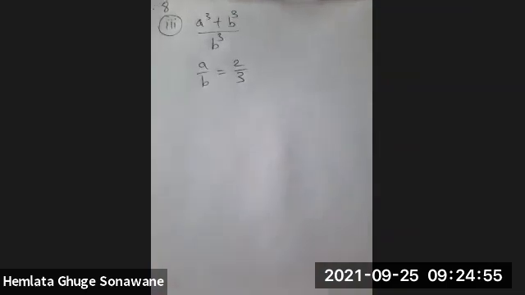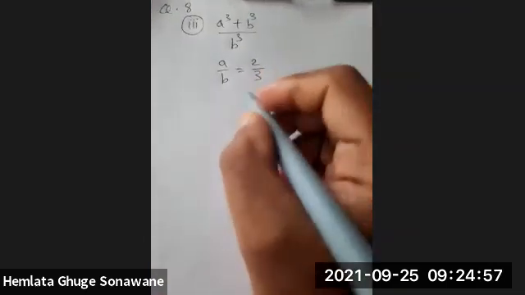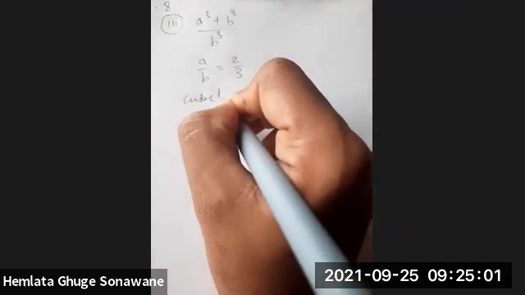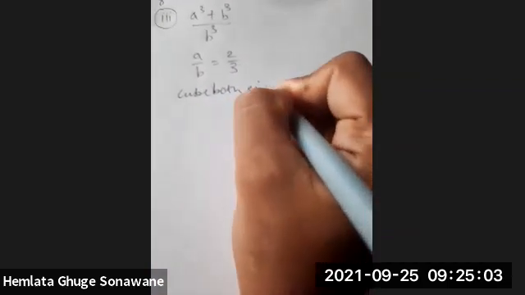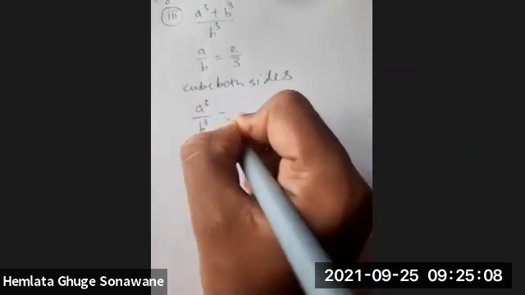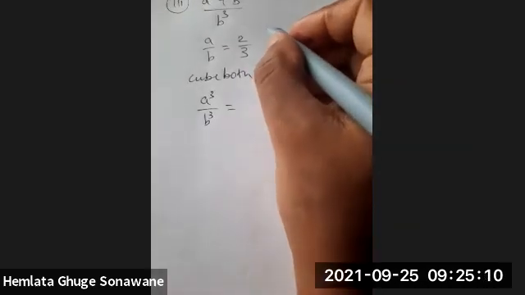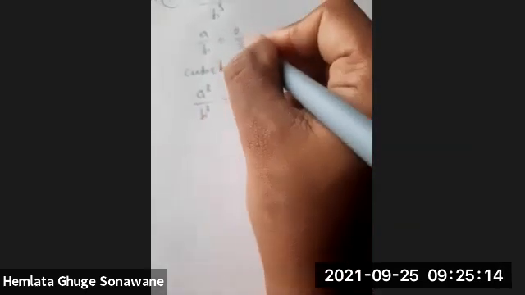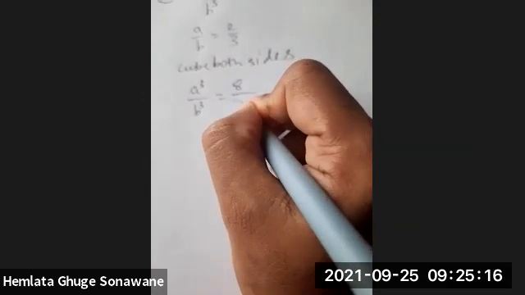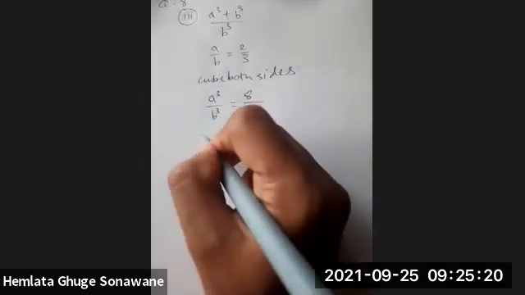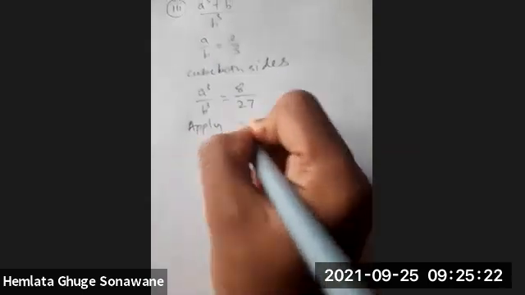So here we'll cube both the sides. It becomes A cube upon B cube is equal to cube of 2 is 8 and cube of 3 is 27. Now we'll apply the property of componendo here.